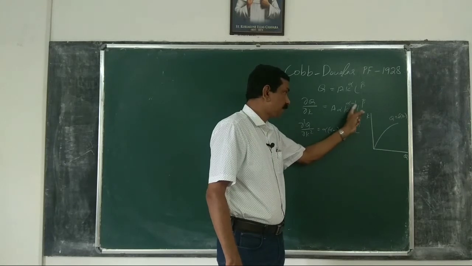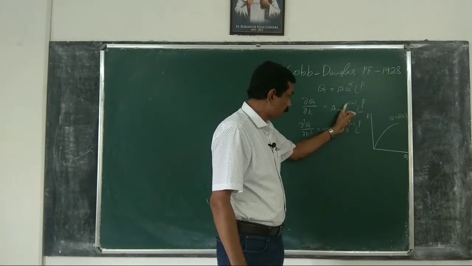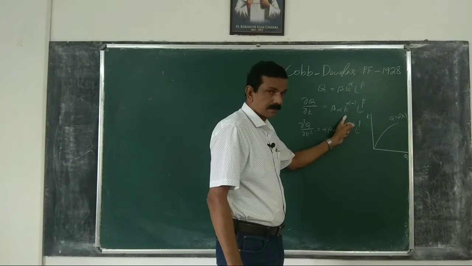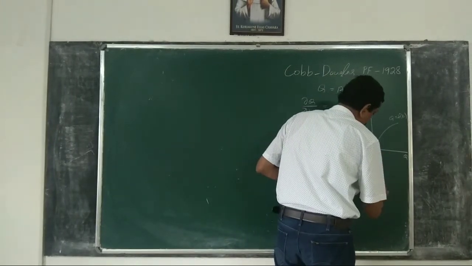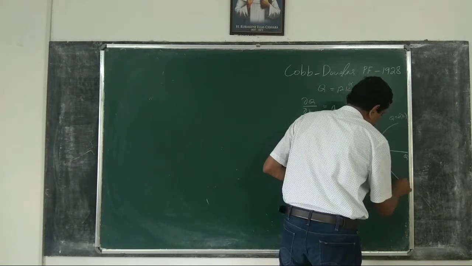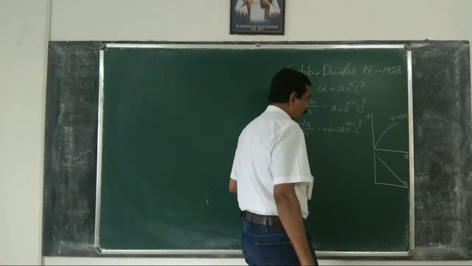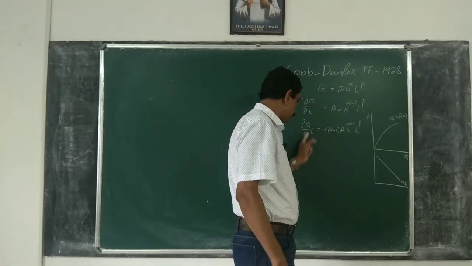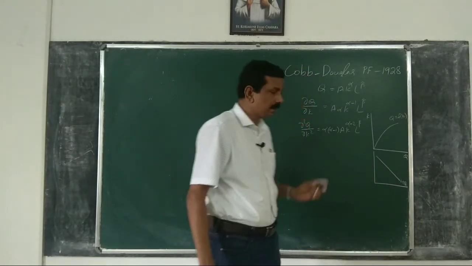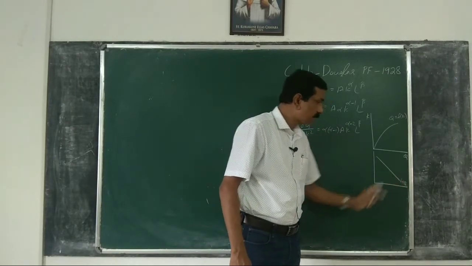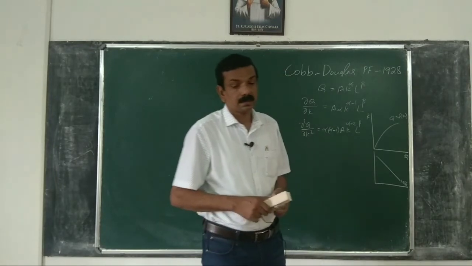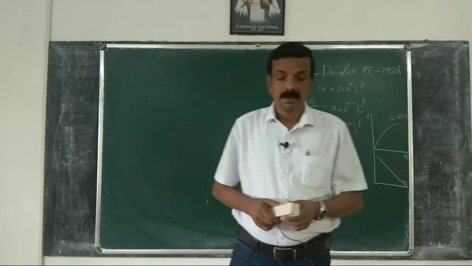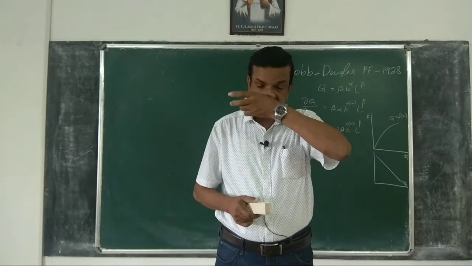Sorry, minus 1 is negative, but 1 by K is positive. So if I draw the MPK, it is like this, because I have taken K here. This expression shows the slope of MPK, and the slope of MPK is negative. So the second property is the function yields diminishing returns to both inputs.